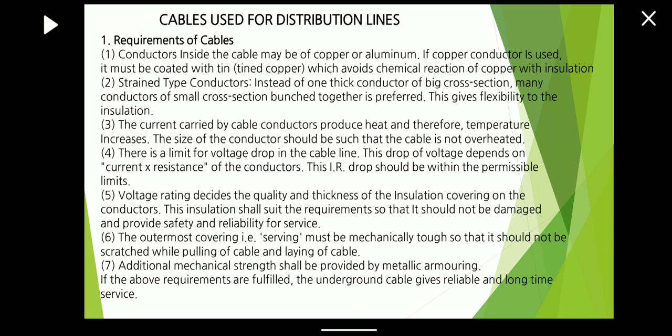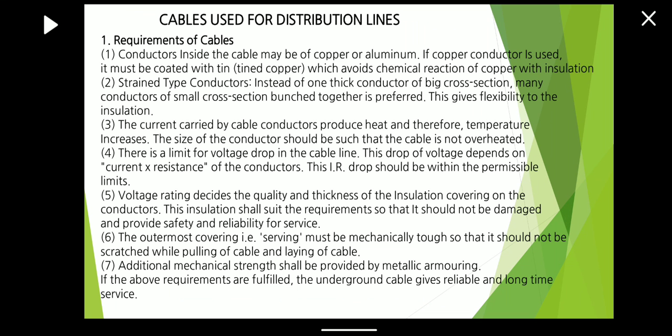Second is stranded conductor. Instead of one thick conductor of big cross section, many conductors of small cross section bunched together are preferred. This gives flexibility to the insulation.